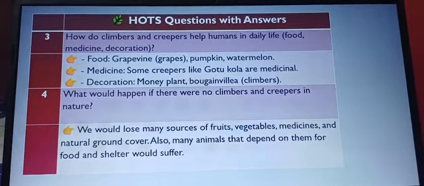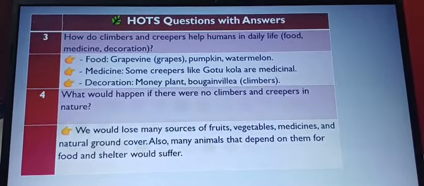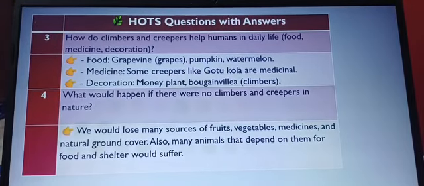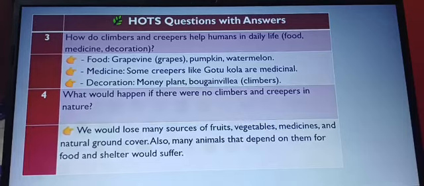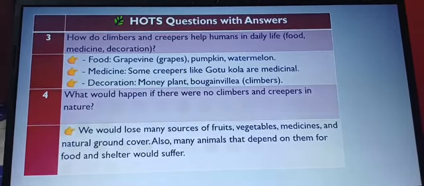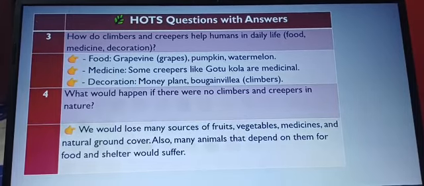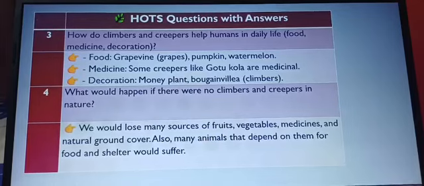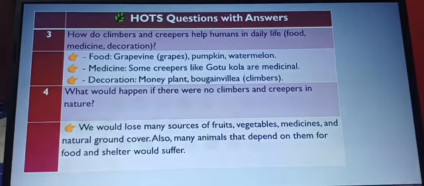How do climbers and creepers help humans in daily life? We get food like grapes, pumpkin, watermelon. We get medicines, as some creepers like gotu kola have medicinal value. Money plant is a climber which is used for decoration.